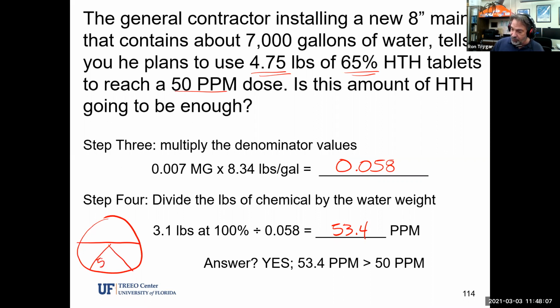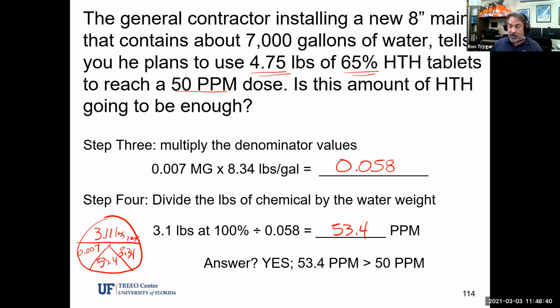So we had 53.4, we had 8.34 here, and we said the flow or the liquid was 0.007. So let's work this out and make sure we're doing it right. 0.007 times 53.4 times 8.34. And I come up with 3.117. So we'll just go 3.11.